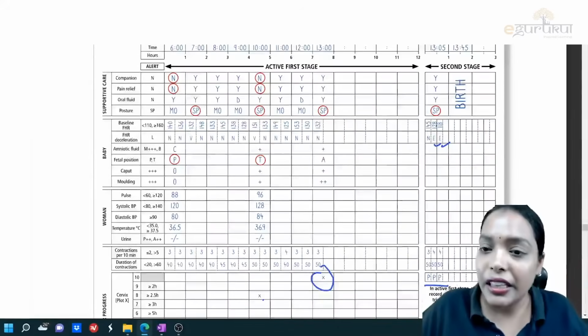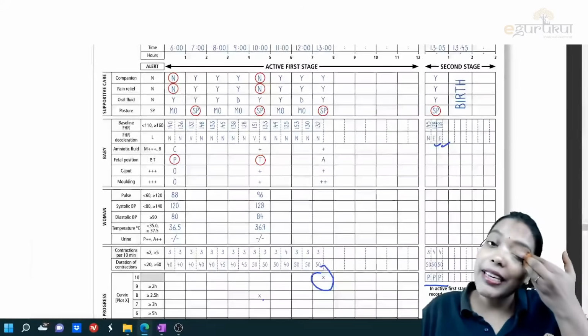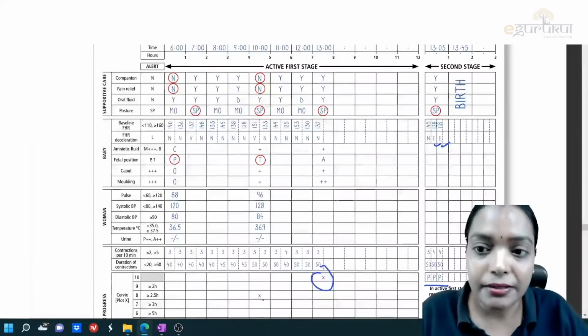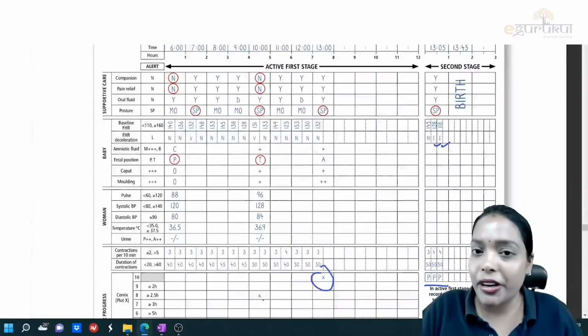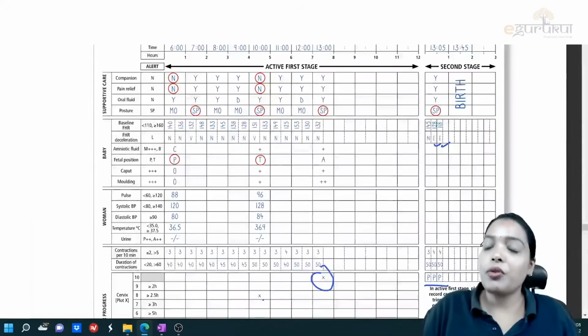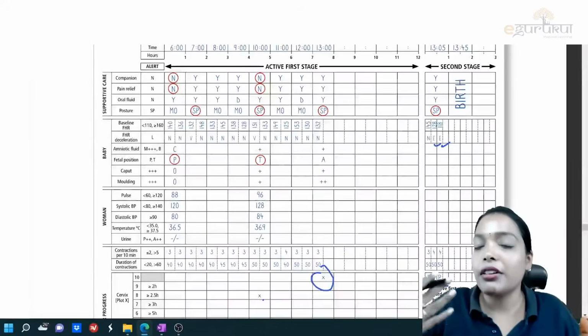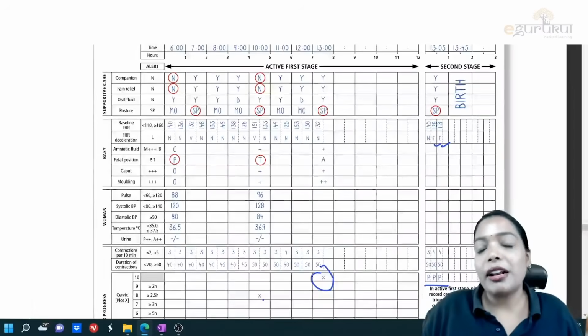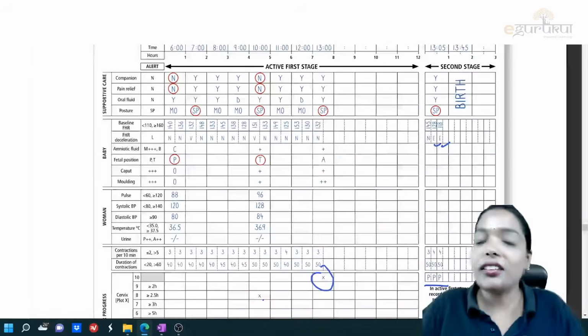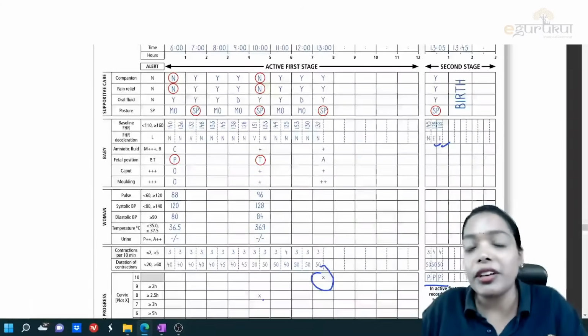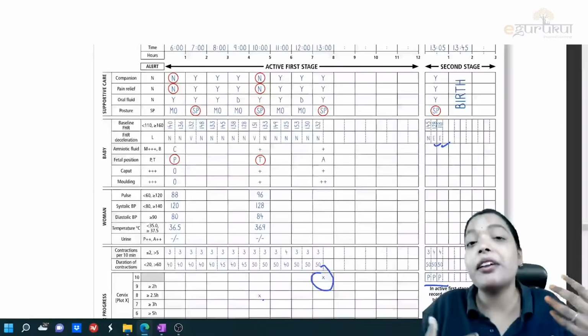Update number 3, second stage of labor: you have to get alerted when in a nulliparous woman labor has gone beyond or equal to 3 hours, and in a multiparous woman when it has gone beyond 2 hours. So these are the updates by WHO.